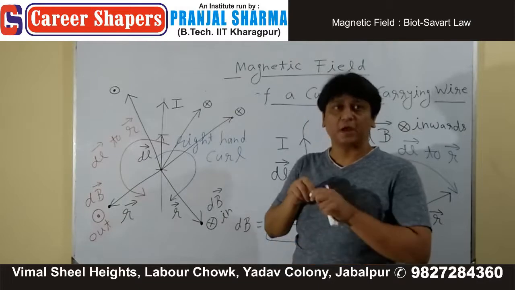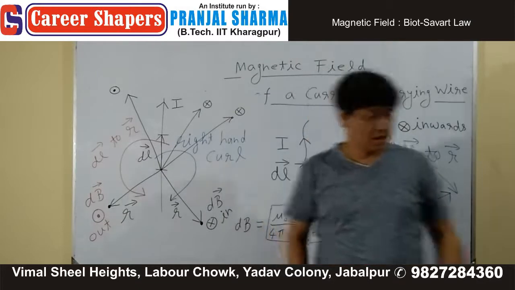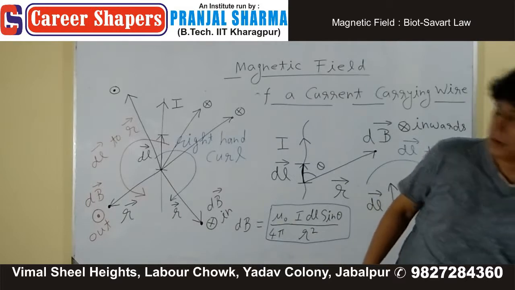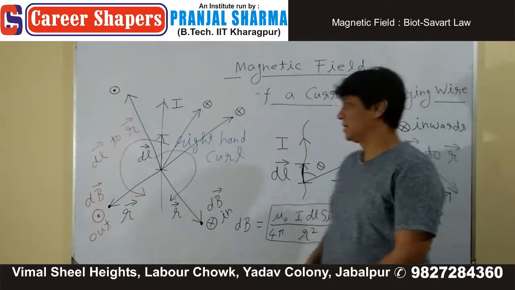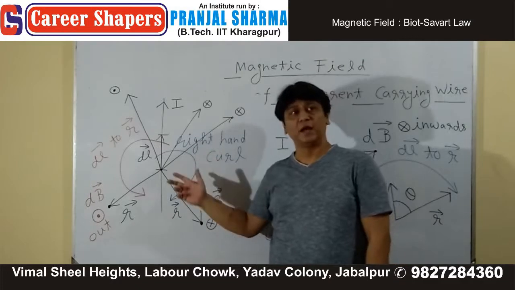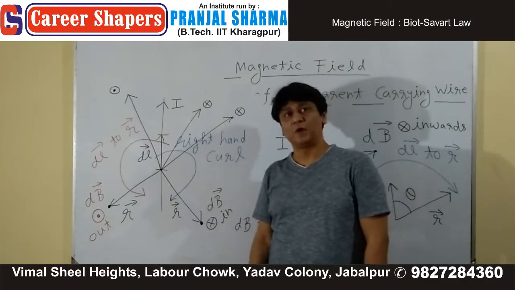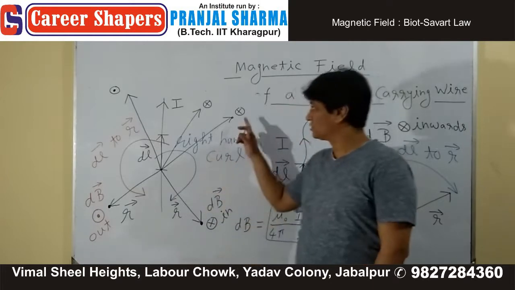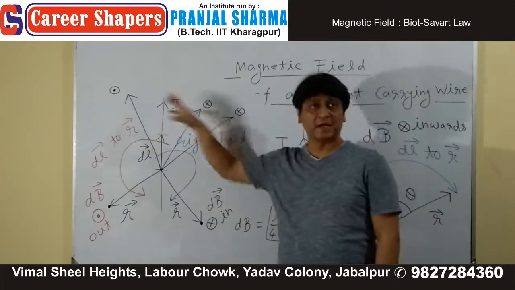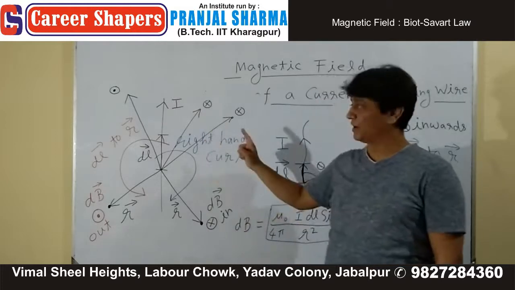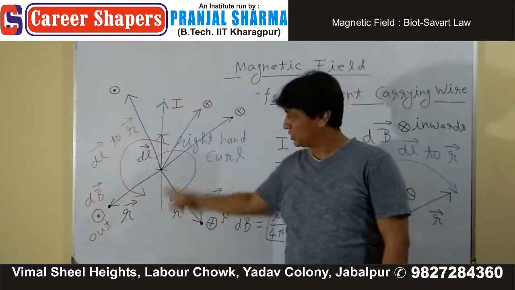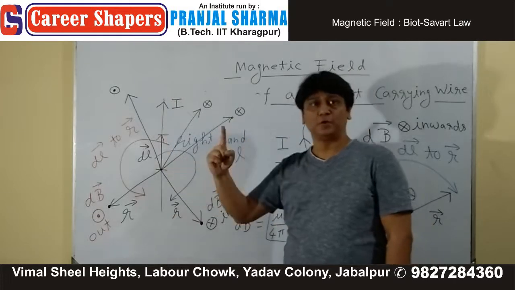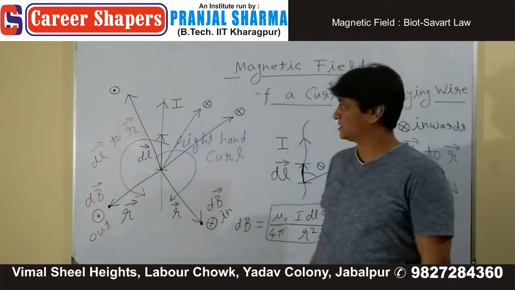And if you have heard this statement, maybe in 10th or in 12th, that magnetic field lines always form a closed loop. So what this cross and this dot tell you is that the magnetic field line around this current carrying wire is making a closed loop. Now visualize this.